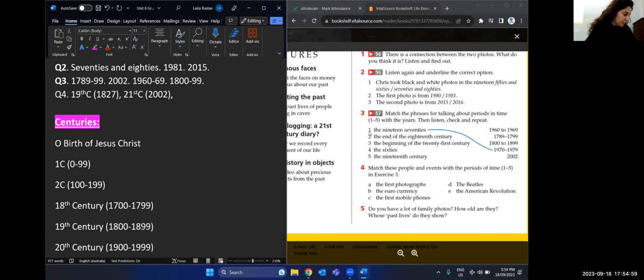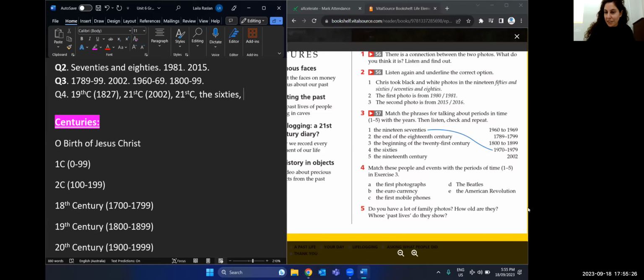So the first mobile phone came in the beginning of the 21st century. So 21st century also. The Beatles, that's a group that sing from the UK. When did they come? They came in the 60s. So we could say, yeah, the 60s.